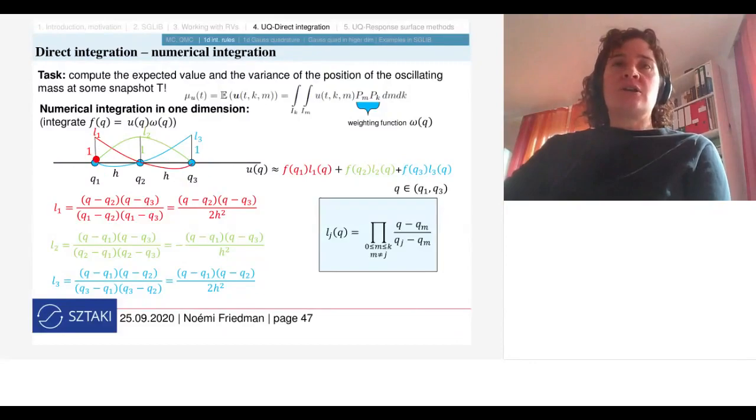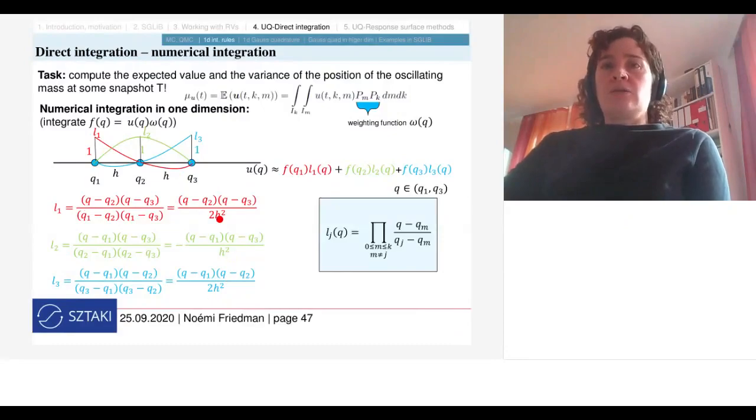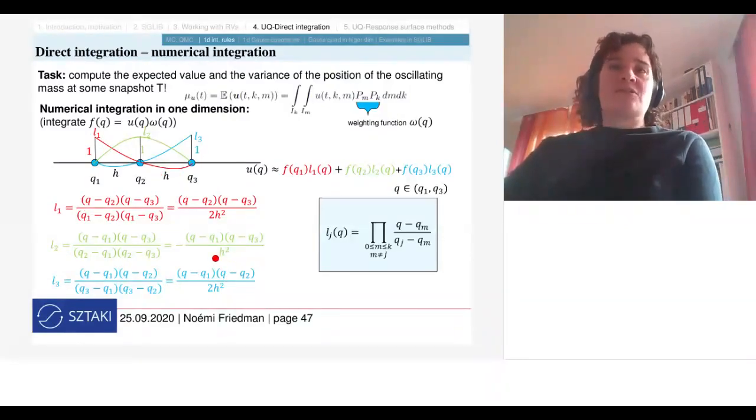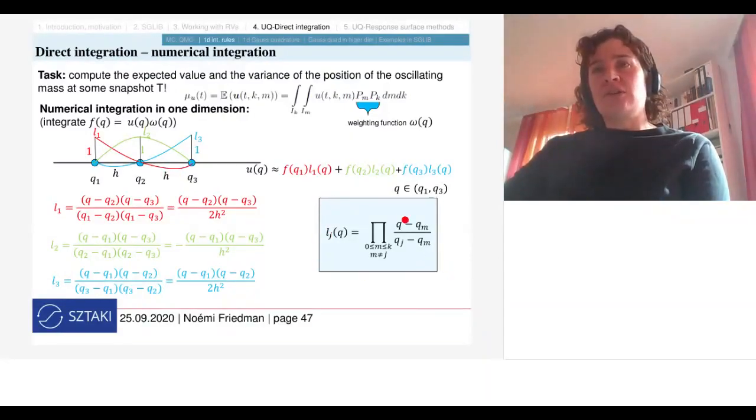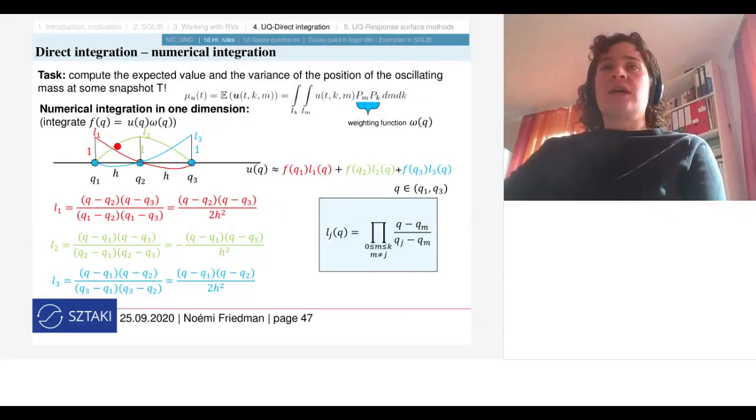The first Lagrangian basis function will be the one which takes value 1 at point 1 and 0 at all the other points. Now, how to formulate such functions, you should be familiar with it from the finite element method, but it's not complicated. You have a general form here.